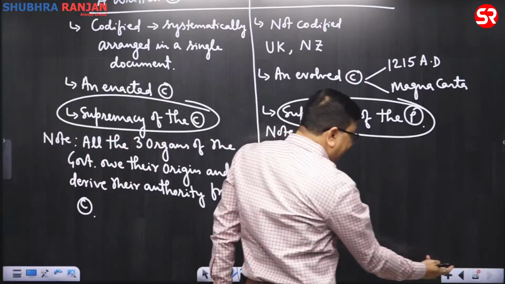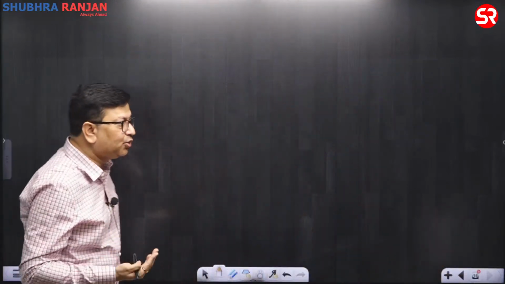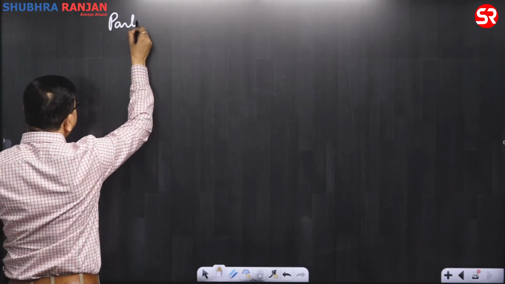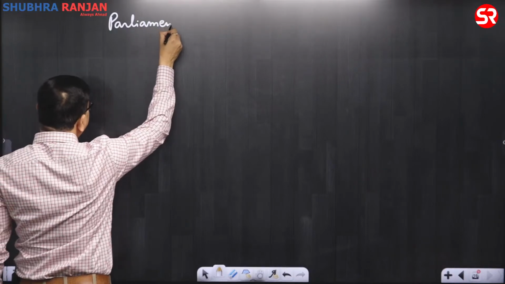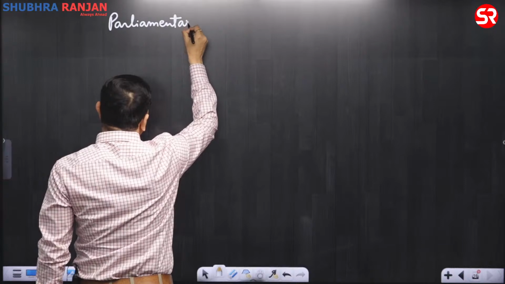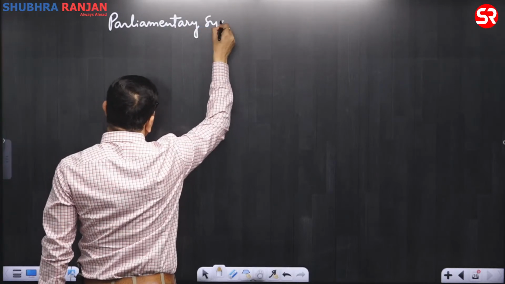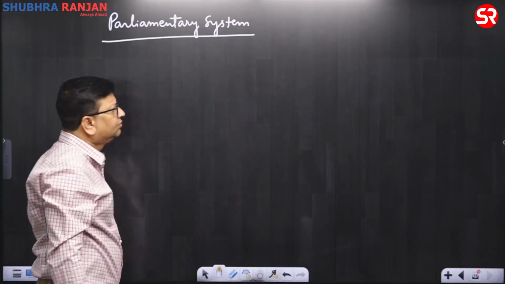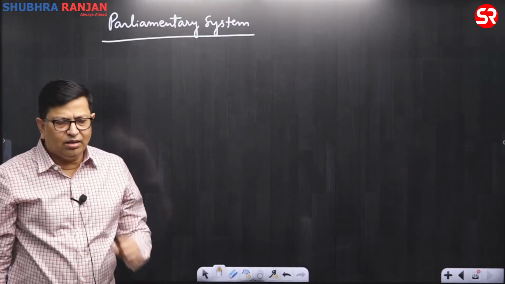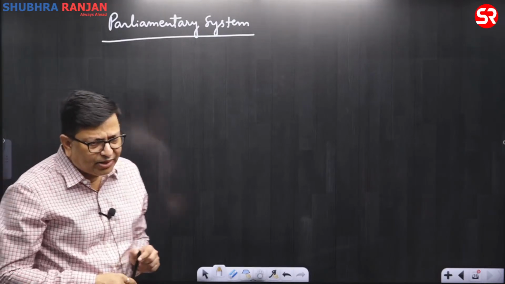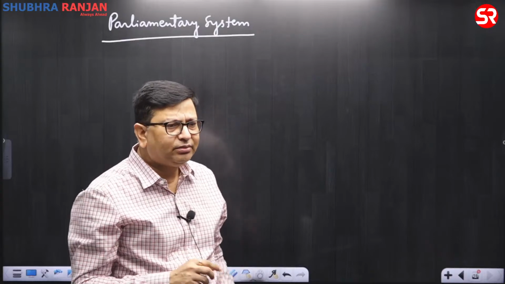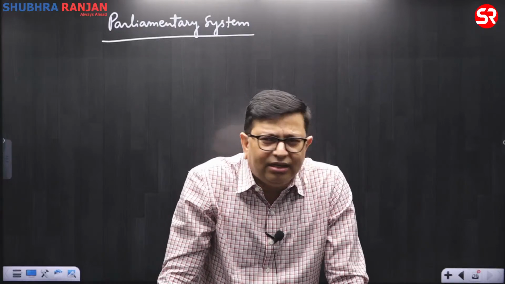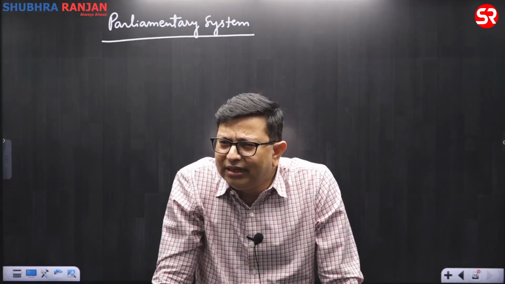Now, coming to another feature of the Indian constitution, it provides for a parliamentary system. You see, when we talk about parliamentary system, parliamentary system will not mean that there is a parliament in the country.